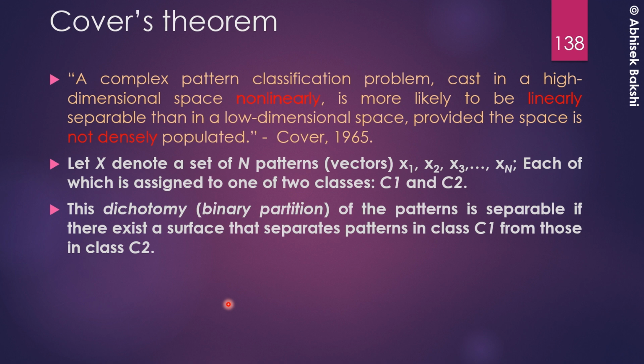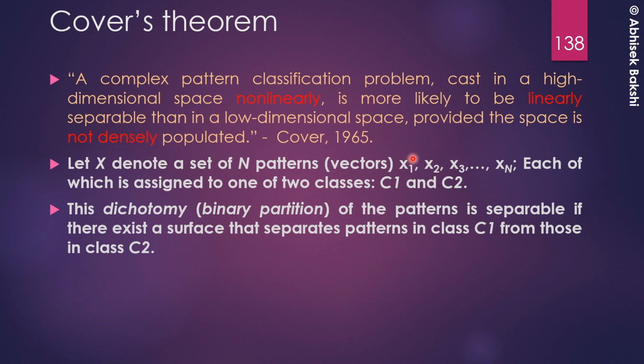Those points represent an element in the data set. So X is a set of n points represented by x1, x2, x3 till xn. This x1 to xn will be from any one of the classes.